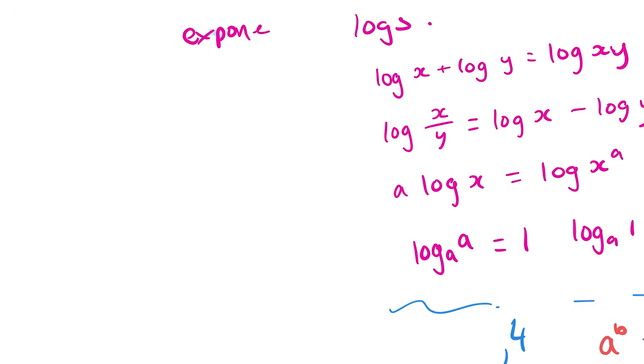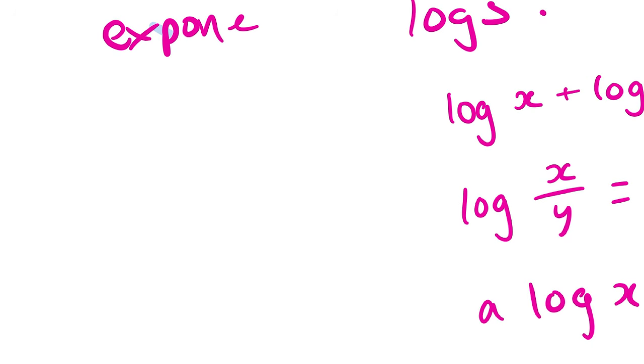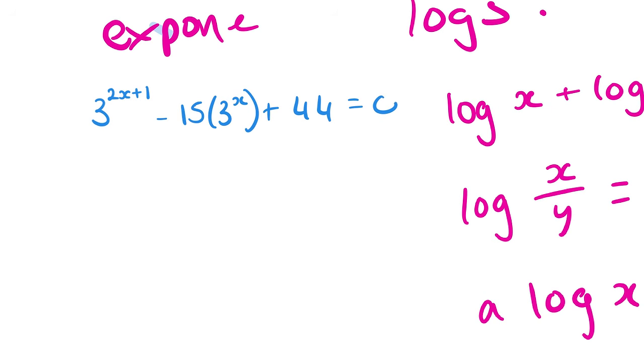Then, exponentials. They love a hidden quadratic in an exponential. This is one of my favourite ones. I love these types of questions where we have, for example, 3 lots of 2^(x+1) minus 15 lots of 3^x plus 44 equals 0.